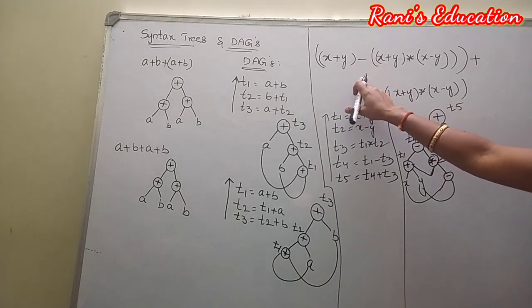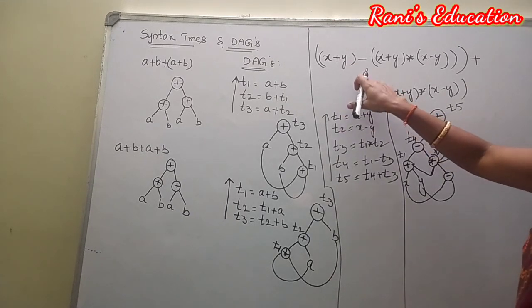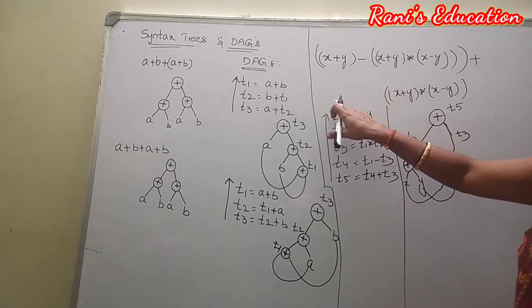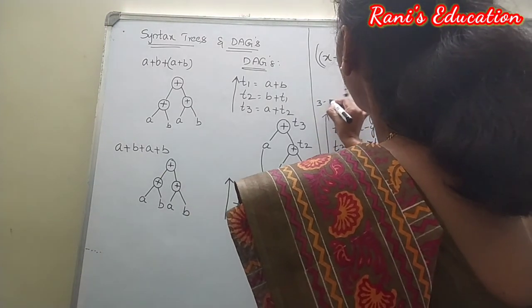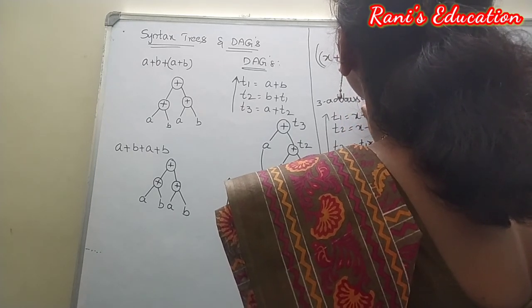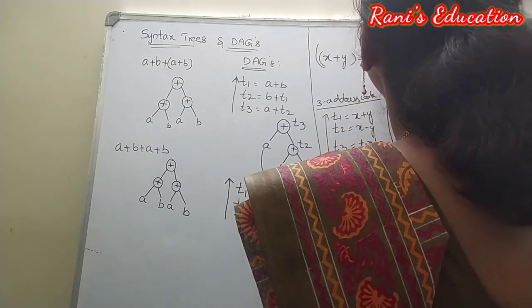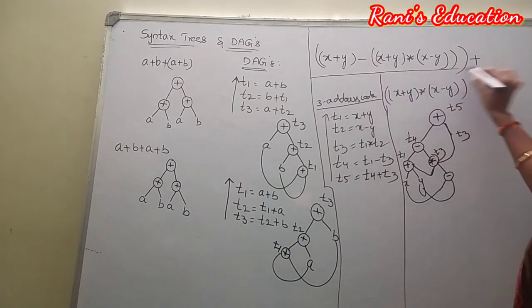The most important thing is we need to convert the given expression into 3 address code. 3 address code is important.